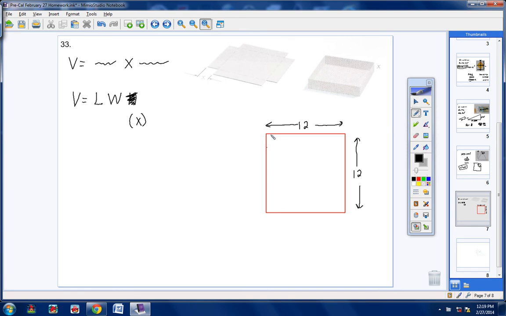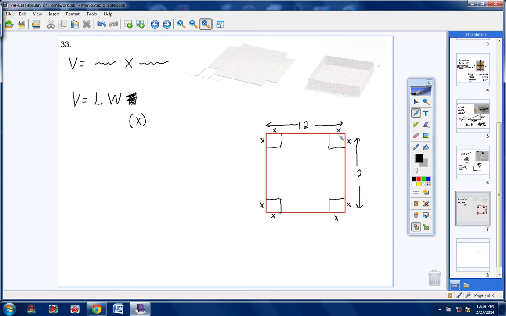Now, notice that we've cut away this piece here and this piece here, and that is x and x. That's very important you see this. Watch carefully. I'm cutting away x and x distance or length, an x length and an x length, and then x length and x length.